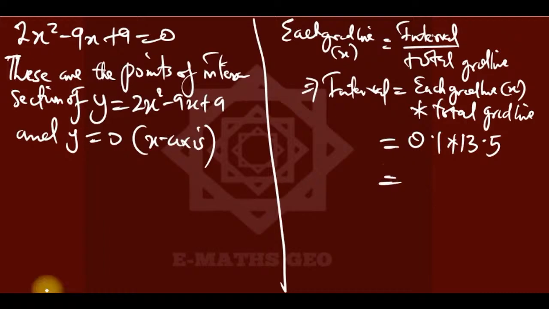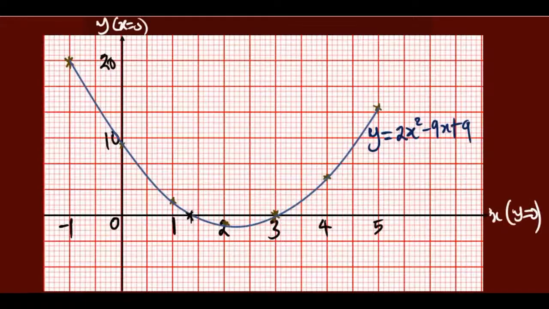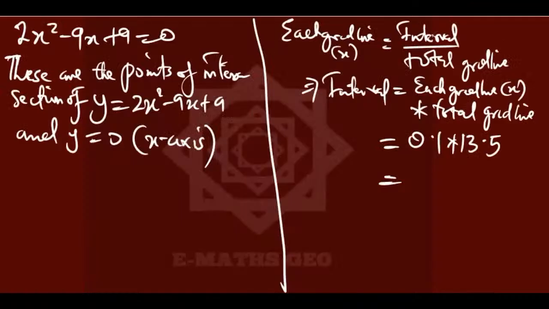So let's check whether it's 13 so that I won't make a mistake. This is 5, 10, 11, 12, 13, 13.5. So which is 1 over 10. 1 over 10, this should be 1.35. That's the first value.